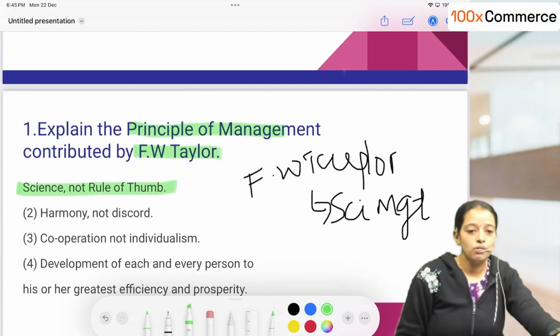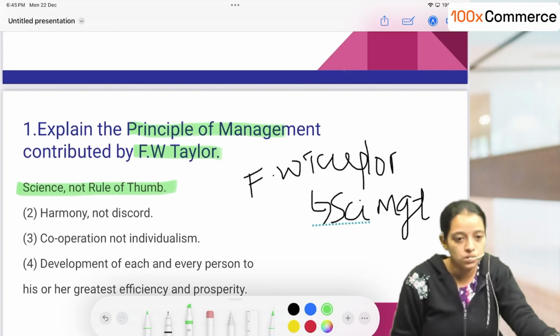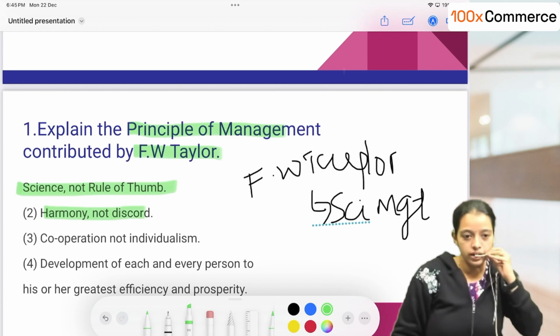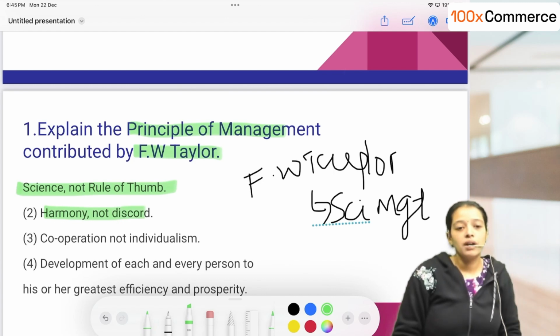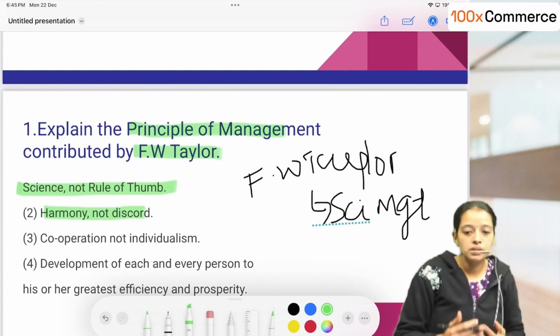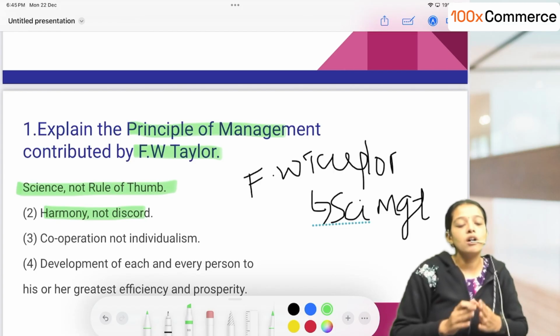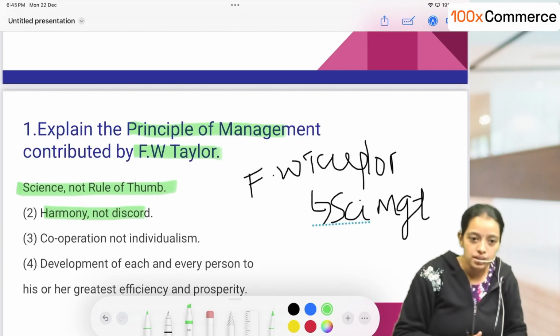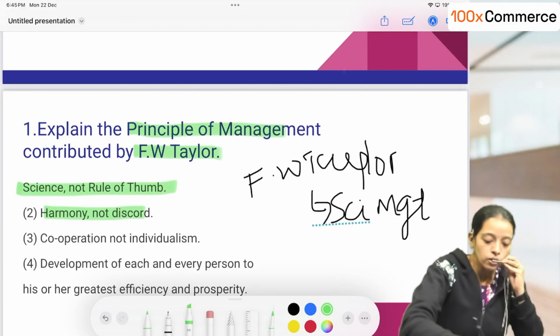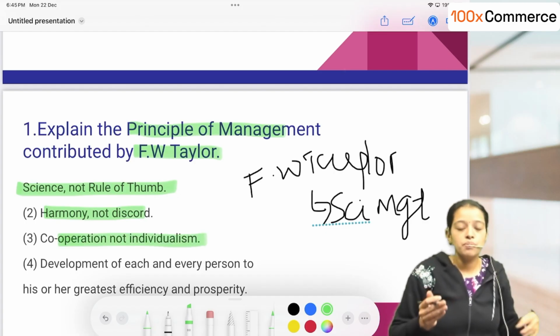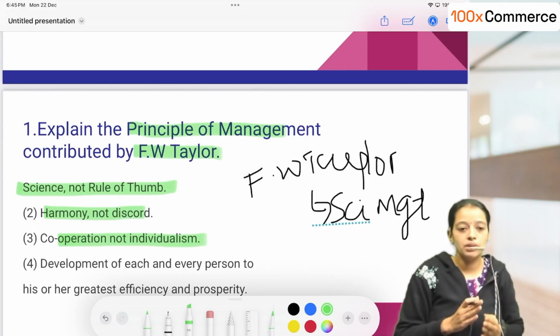What are those principles? Science, not rule of thumb. The concept of management is something related to science, he has told. Then harmony, not discord. It means the working environment where we apply the principles of management should be filled with happiness, harmony and peacefulness, not misunderstandings. Next, cooperation, not individualism, which means there should be proper mutual understanding between the employees.